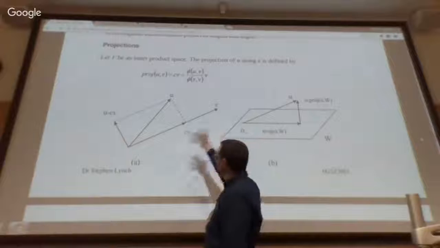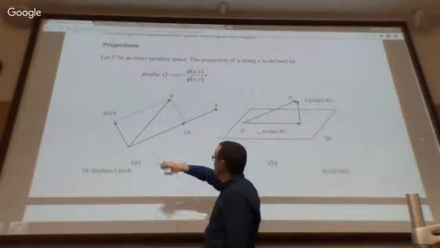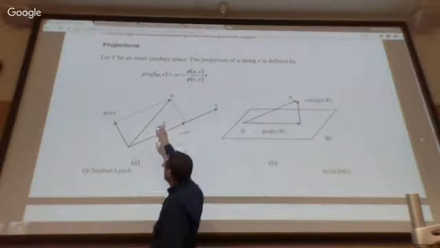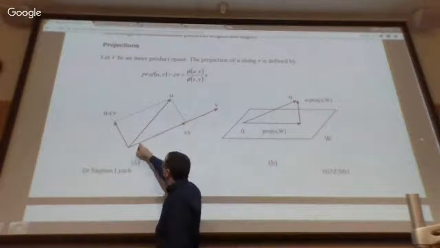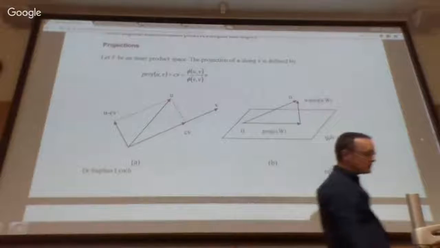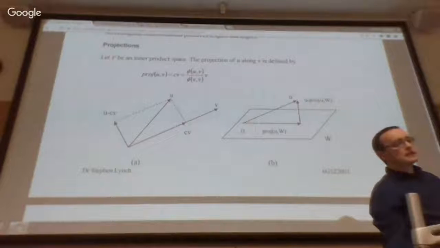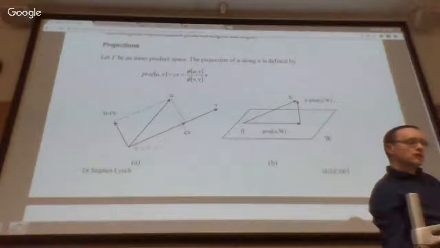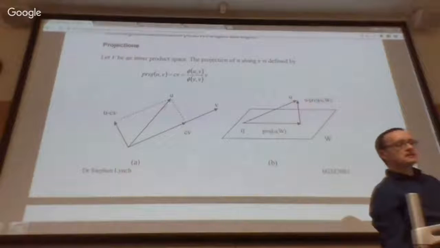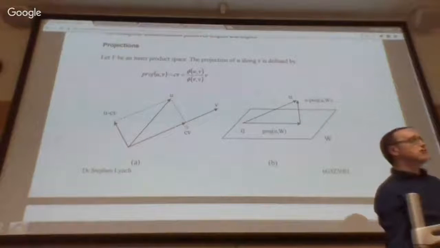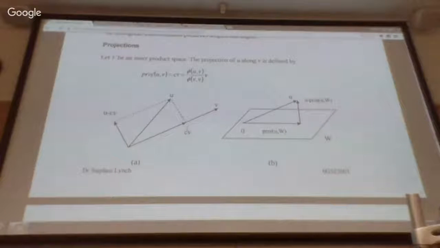Schematically, visually, here's a vector v, here's u. But this vector here, which follows along v, until you find that the line joining u and this portion that's partway along v is orthogonal to the vector v.